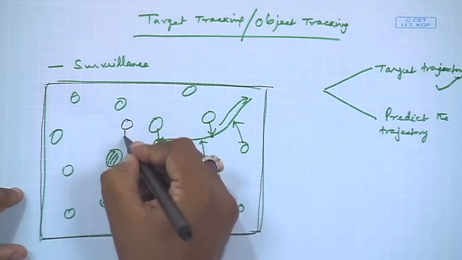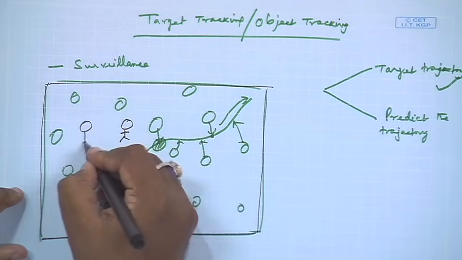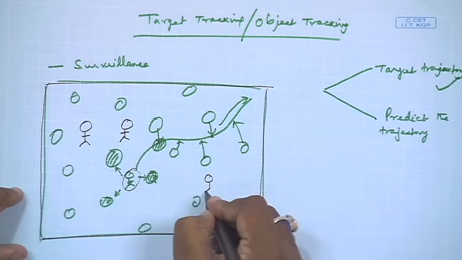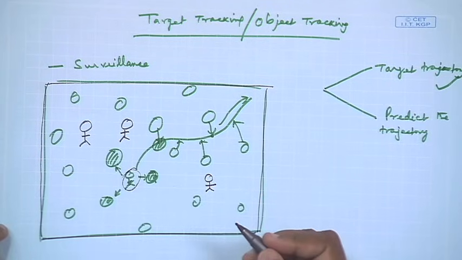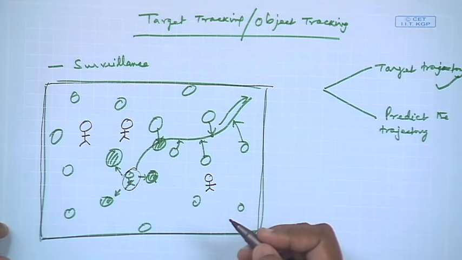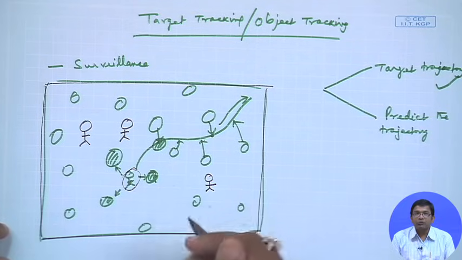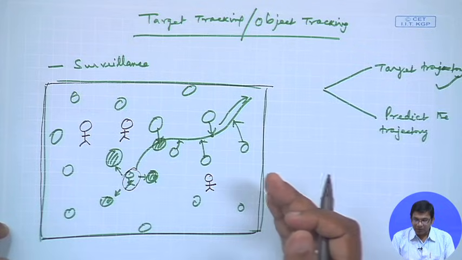Like this, there could be other objects as well, and this is quite typical in most of these applications, because normally you are not going to track a single object, there are going to be multiple objects. So, tracking multiple objects is an even more difficult problem than single object tracking, and that is quite obvious. I do not need to really elaborate on why it is so.